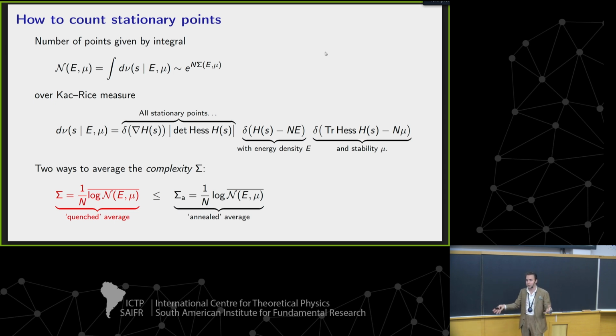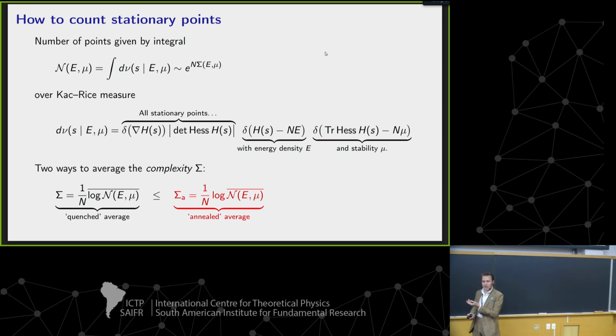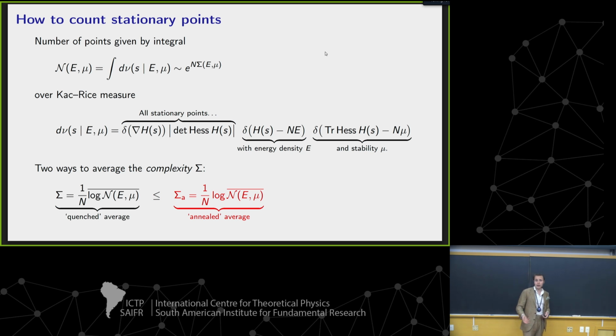When complexity is 0, we are vanishingly likely to find stationary points of that type. This is to be contrasted with the so-called annealed average, which takes the logarithm of the average. This is easier to compute in most circumstances, but it can be biased by rare, unrepresentative samples, and can mislead you.